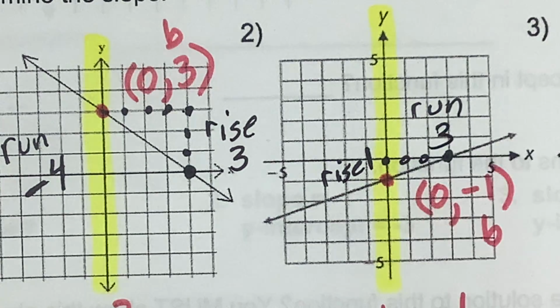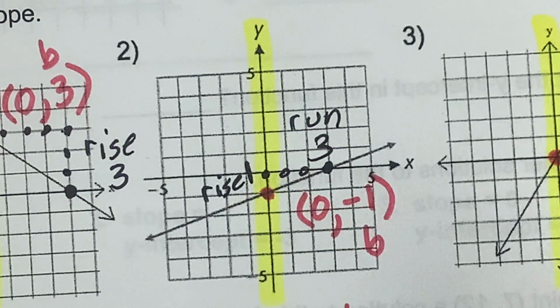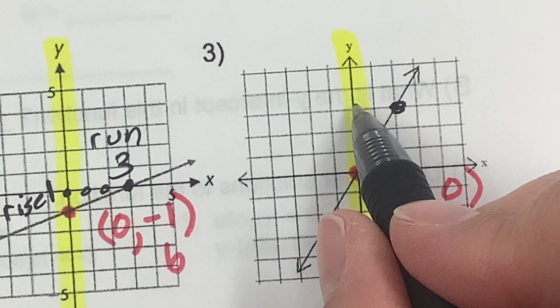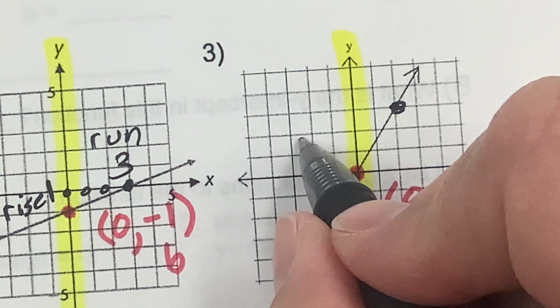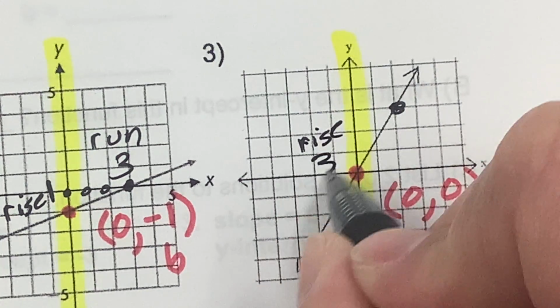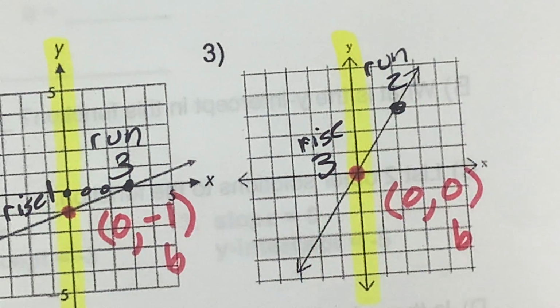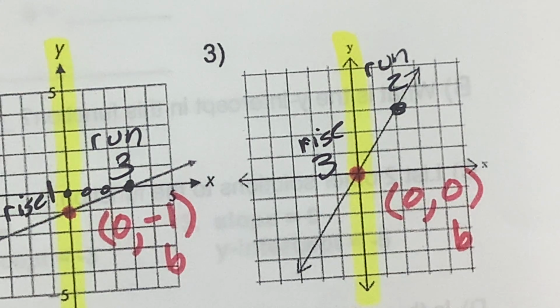Rise over run, 1 over 3. M equals 1 over 3. For this one, here's my point. Rise, 1, 2, 3. Run, 2. Rise, 3. Run, 2. So slope M equals 3 over 2.